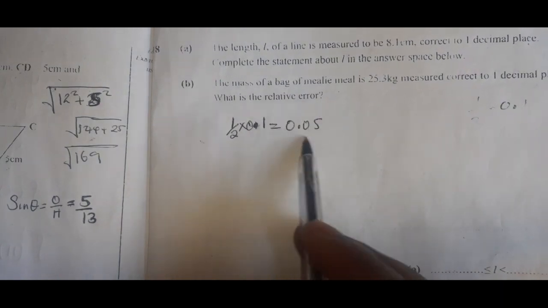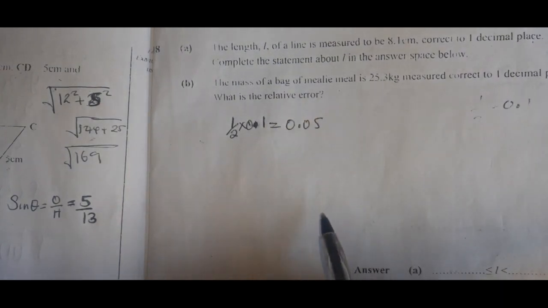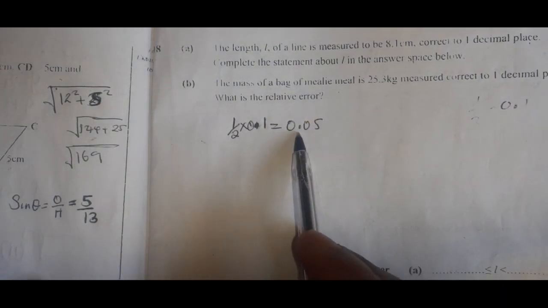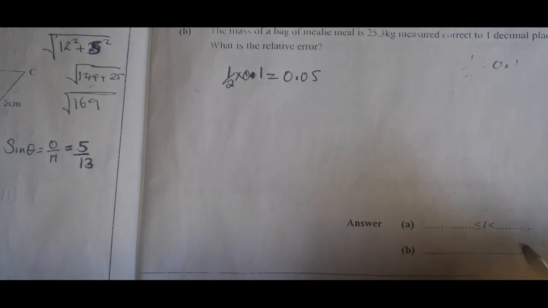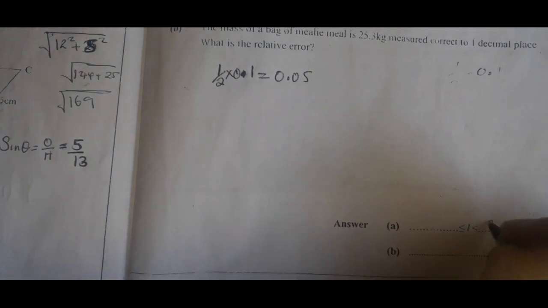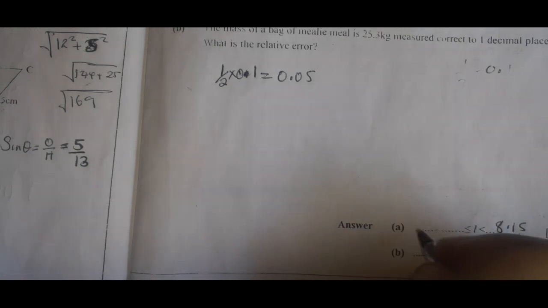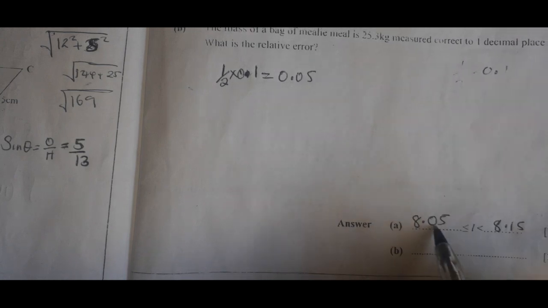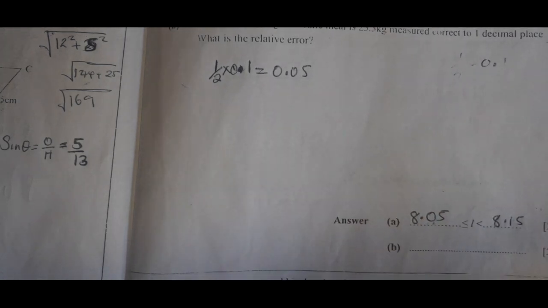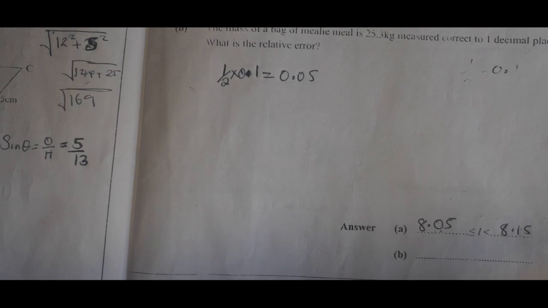This is our absolute error. We add it to 8.1 and we get 8.15. When we subtract it, we get 8.05. This is the lower limit and the upper limit. That's what we are supposed to do here.